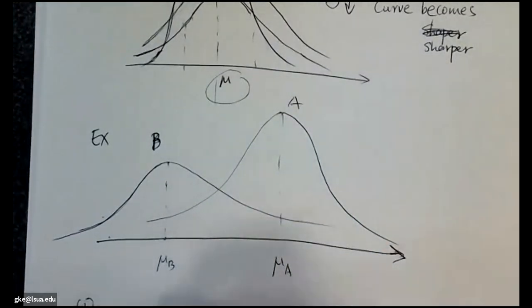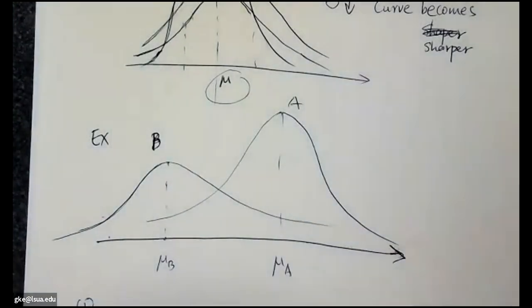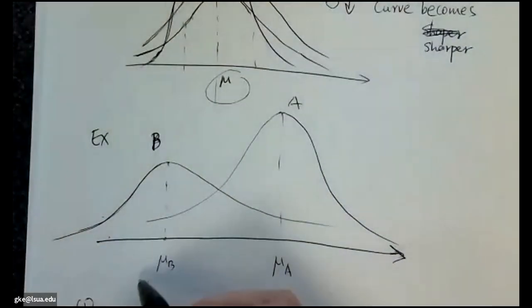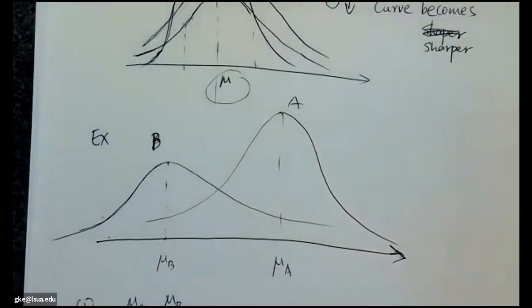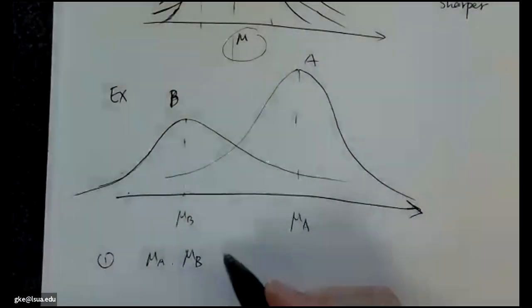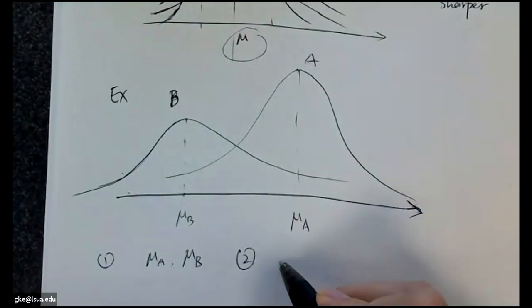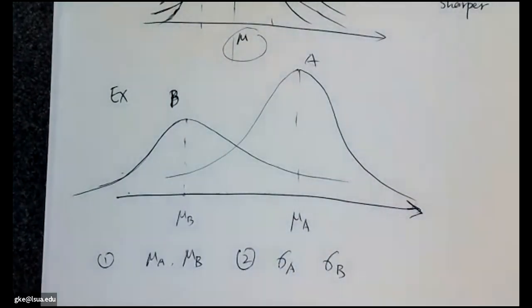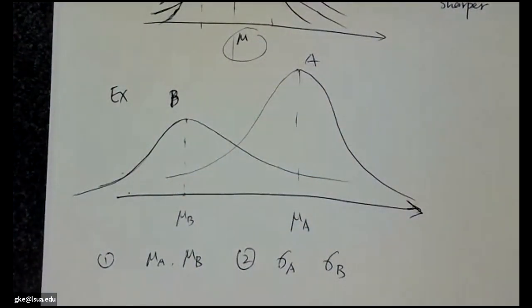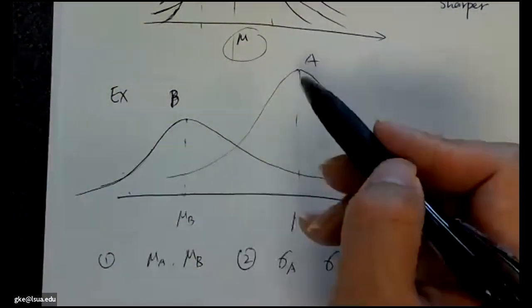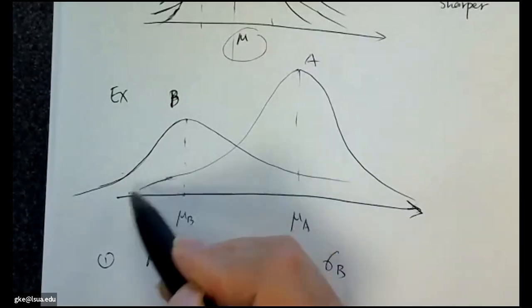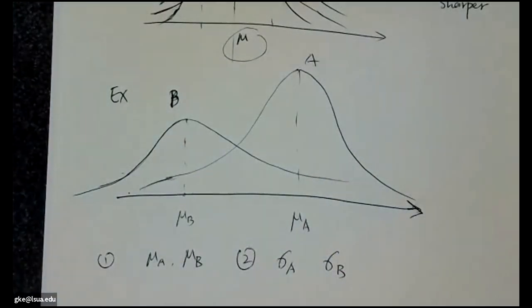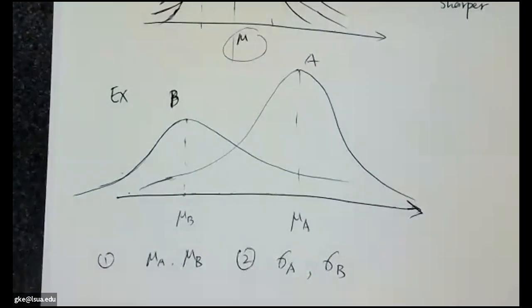The first thing I want you to compare is mu A and mu B, okay? Which one is greater? The second one is I want you to compare sigma A and sigma B. Okay, try it. Which one is greater?